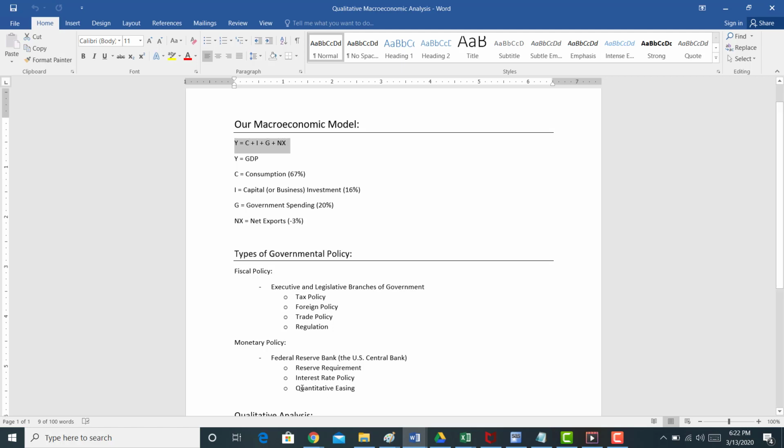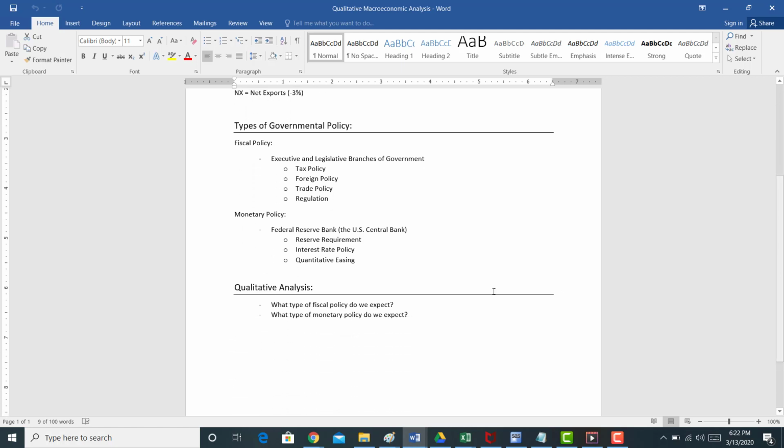This type of quantitative easing is almost an instantaneous way of the Federal Reserve affecting the money supply. And with more money out there in the economy, you can imagine that there might be greater consumption, greater investment. The purpose of quantitative easing was to try to spur consumption and investment, in hopes that they could increase government spending.